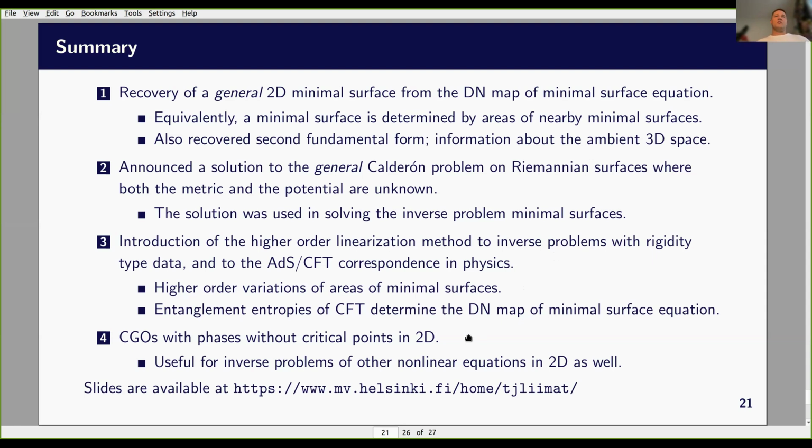In the proof, we use CGOs without phases, with phases without critical points. As a matter of fact, these new types of CGOs will be useful in other inverse problems of nonlinear equations in dimension 2.